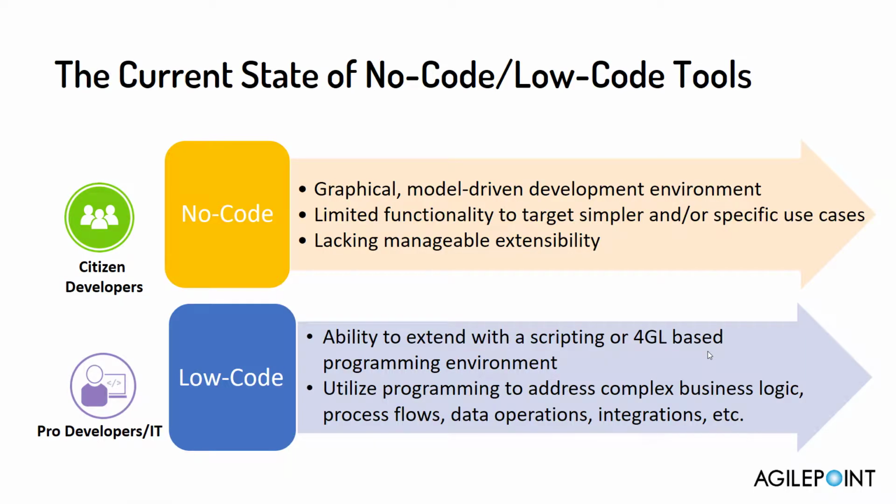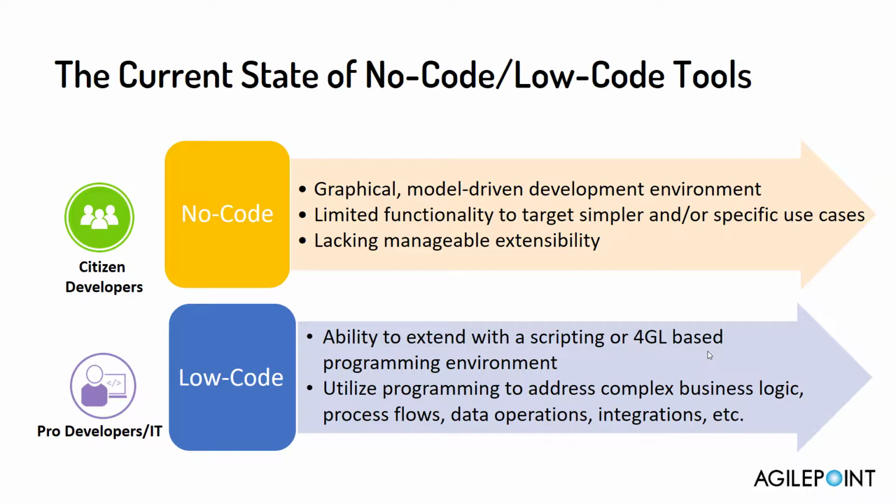Okay, so let's talk a little bit about the current state of no-code and low-code tooling. There's really two sets of scenarios that we find most often. The first of which in the no-code space is that they tend to be graphical, model-driven development environments, and their functionality is really targeted towards the simpler use cases or for specific use cases.